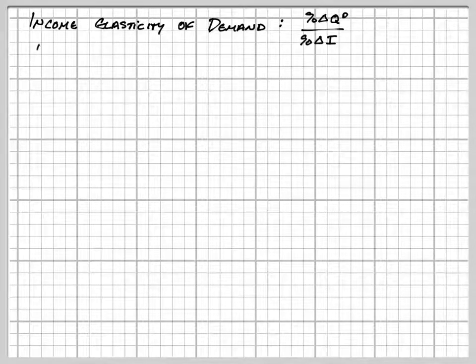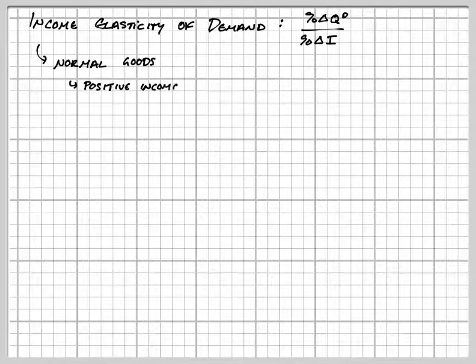So if a good is normal, then an increase in income increases demand. So for normal goods, we have positive income elasticity. For necessities, we're going to have smaller income elasticity.